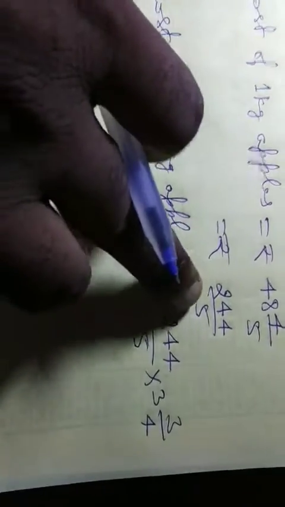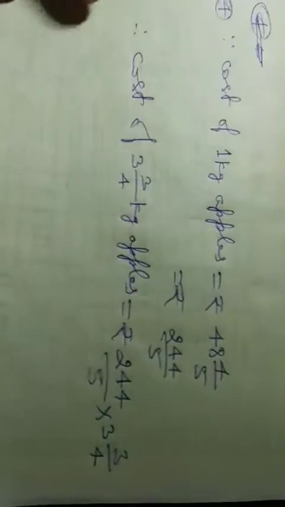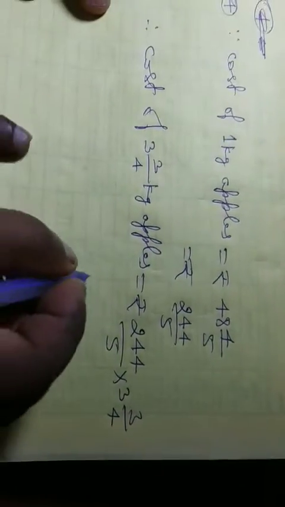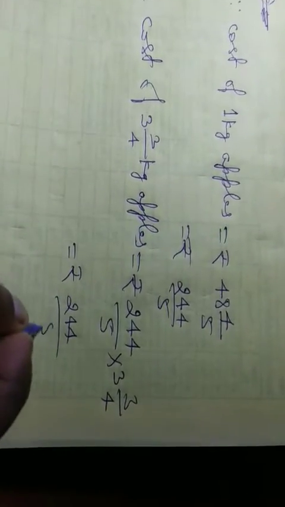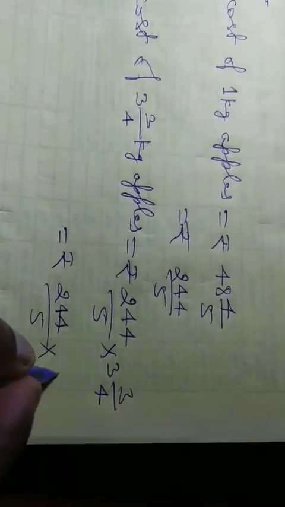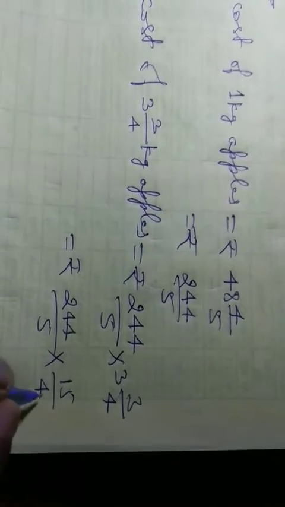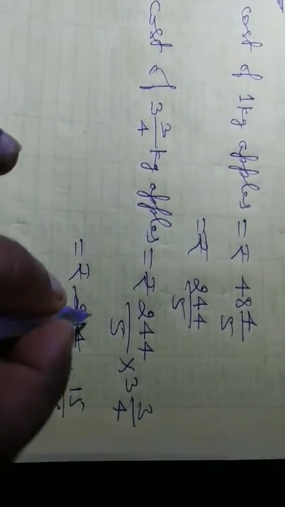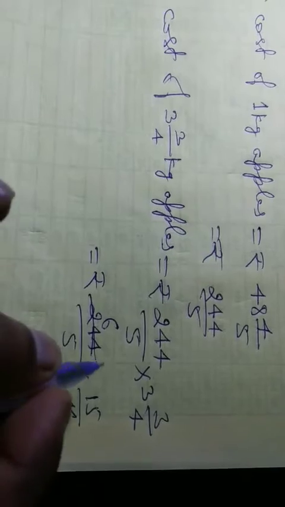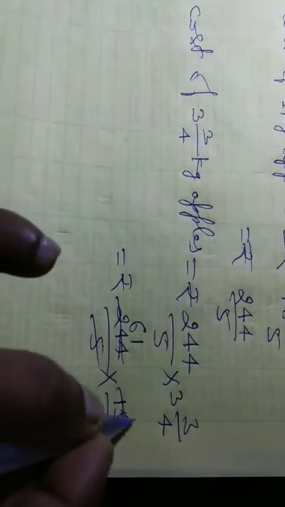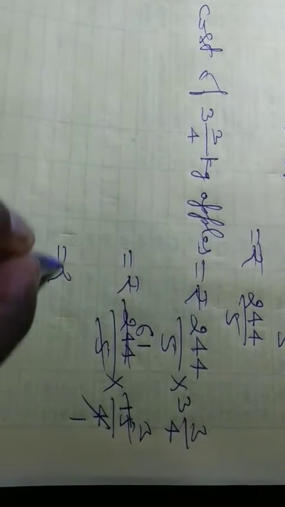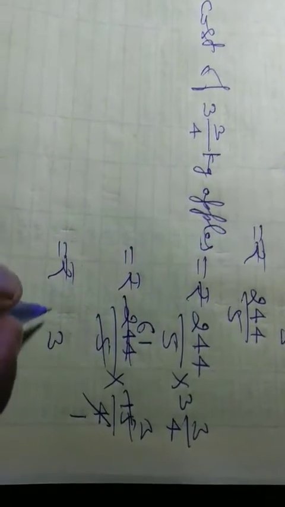Because the cost of 1 kilogram of apples is this, the cost of 3 whole 3 by 4 kilograms is just multiplied here. Rupees 244 by 5 into 15 by 4. 4 1s are 4, 4 61s are 244, and 4 1s are 4. 5 3s are 15. So the answer is 3 1s are 3, 6 3s are 18.